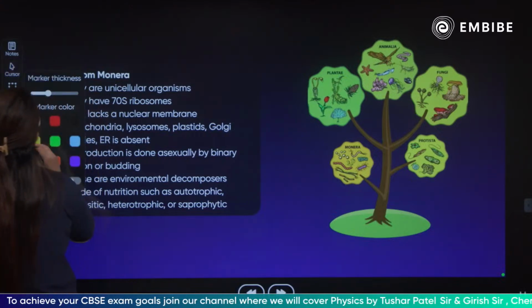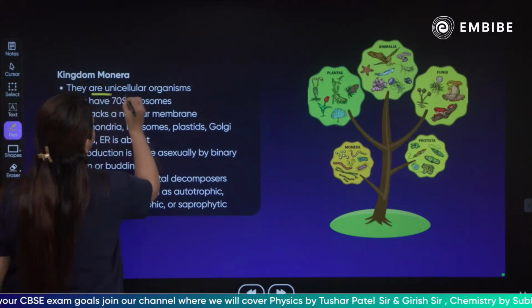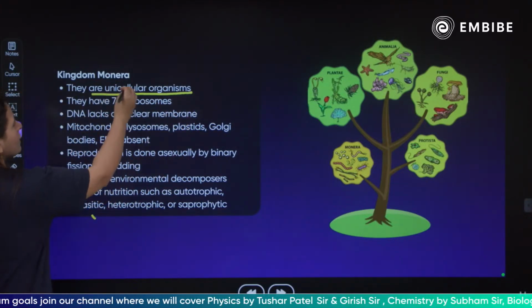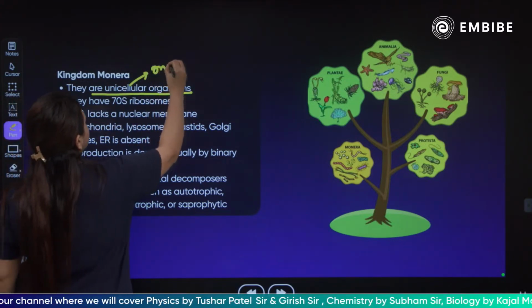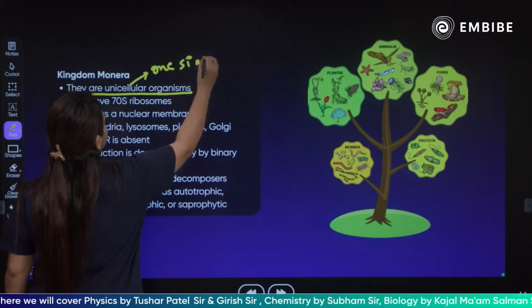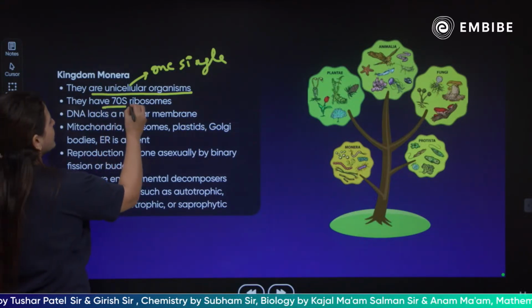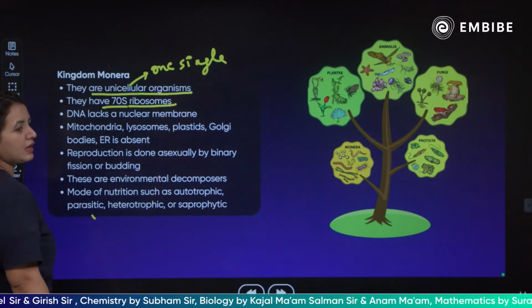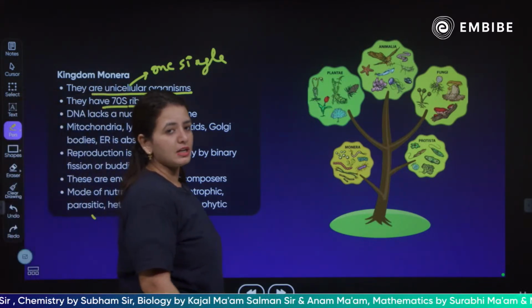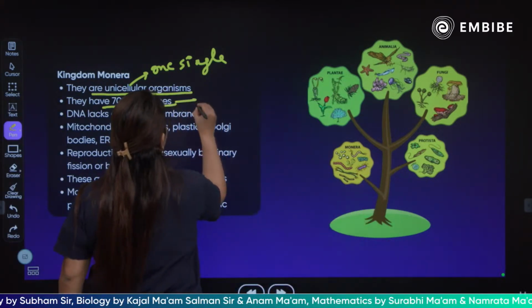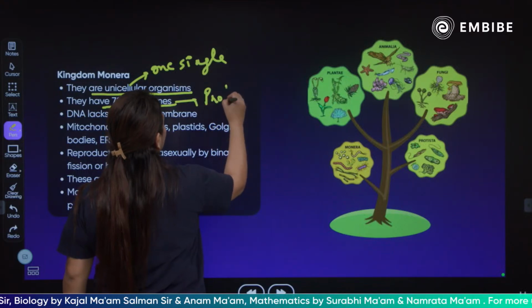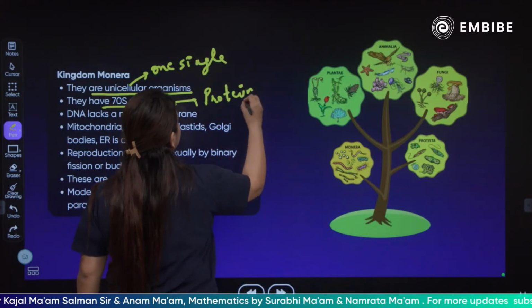Talking about it, these are unicellular organisms made up of one single cell. They have 70S ribosomes, which are majorly used for protein synthesis.